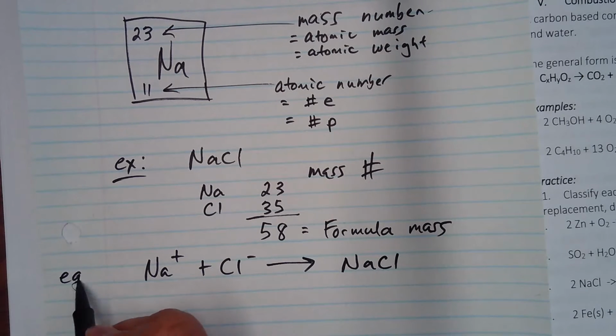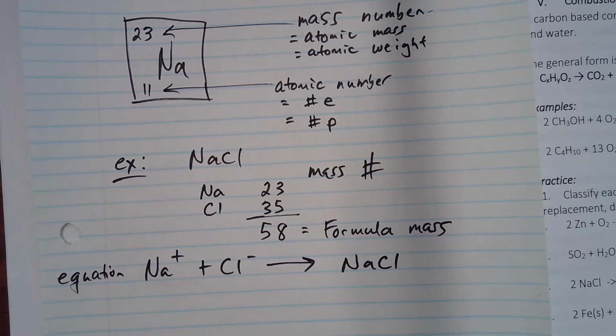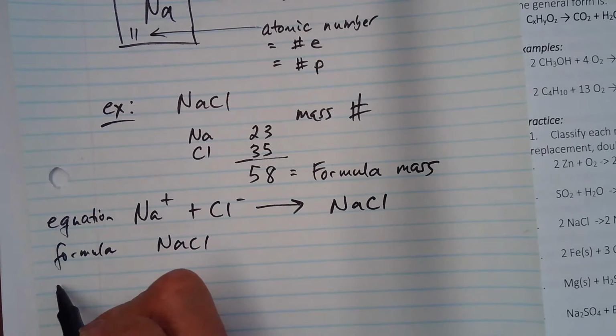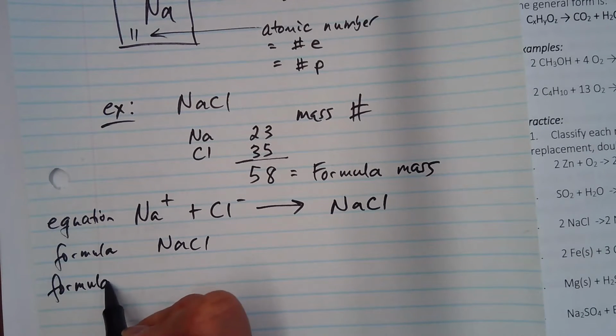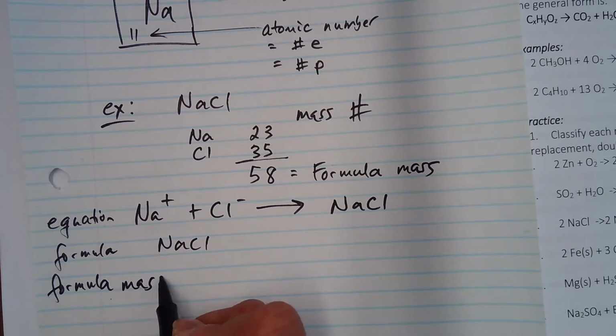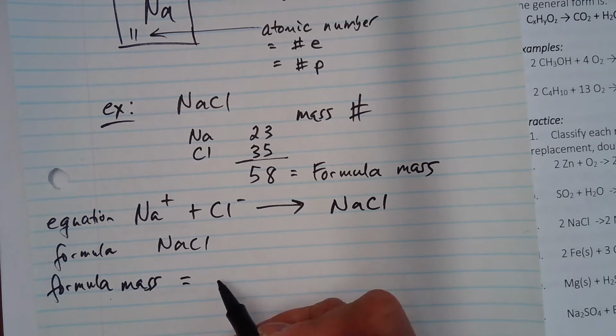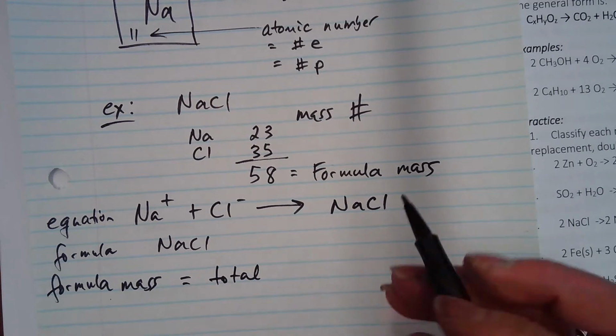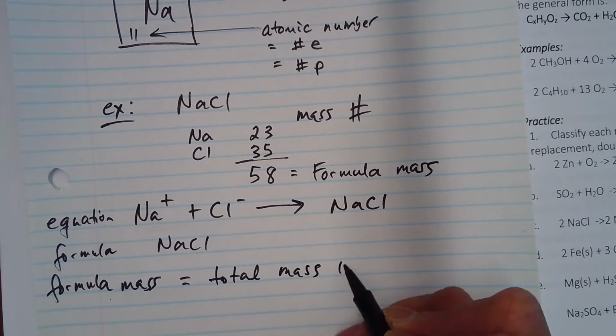Again, just to review, this is the chemical equation, and the chemical formula is NaCl. So your formula mass is the sum, the total of the mass numbers.